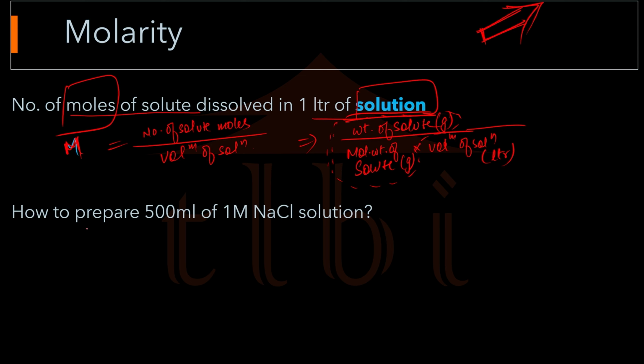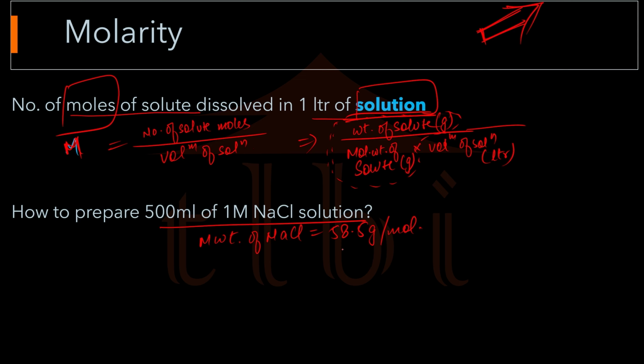Now, how to prepare 500 ml of 1 molar NaCl solution? Okay, you calculate that and let me know. Okay, it's an easy one. So I'll tell you molecular weight of NaCl is 58.5 grams per mole.